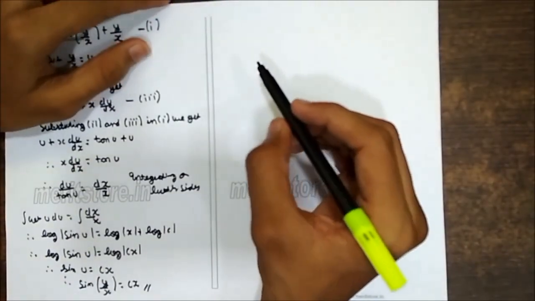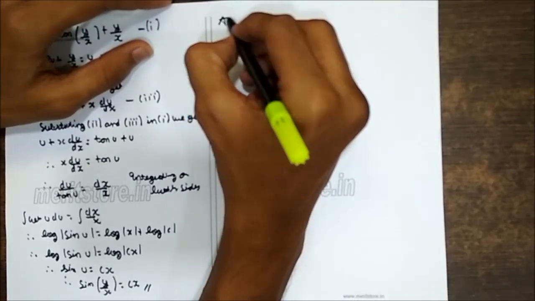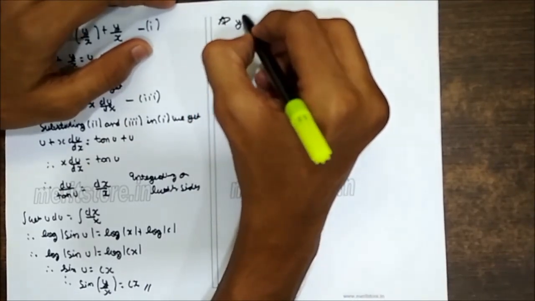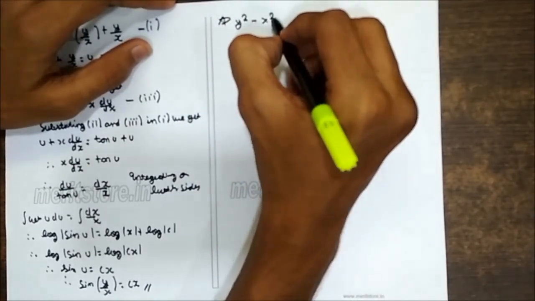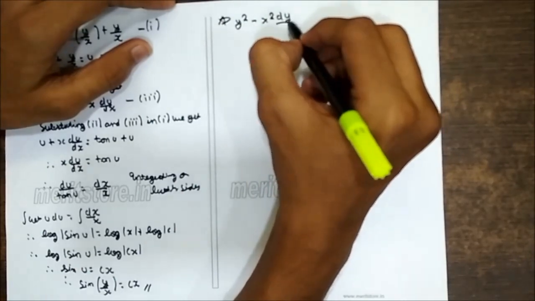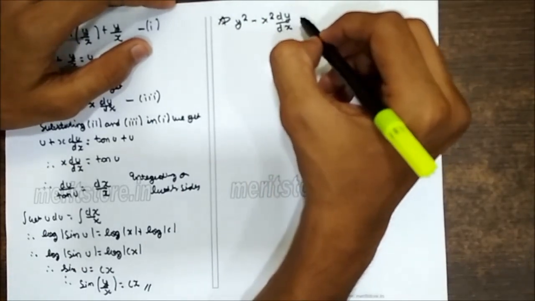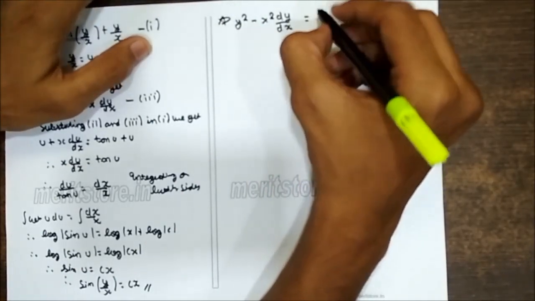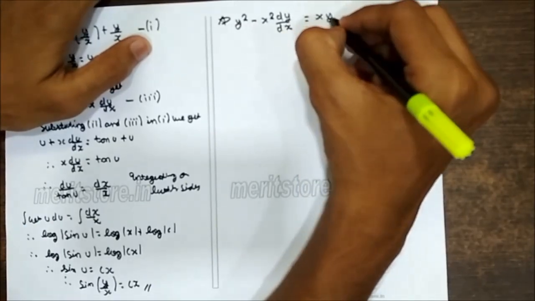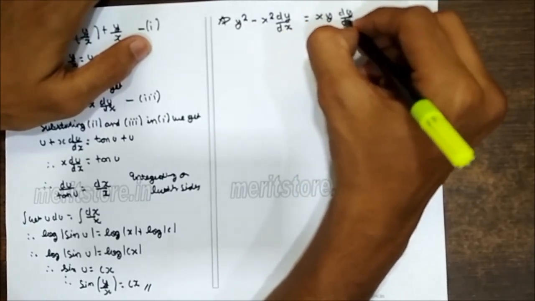Let's take another example which is important from the exam perspective. y square minus x square dy by dx is equal to xy dy by dx.